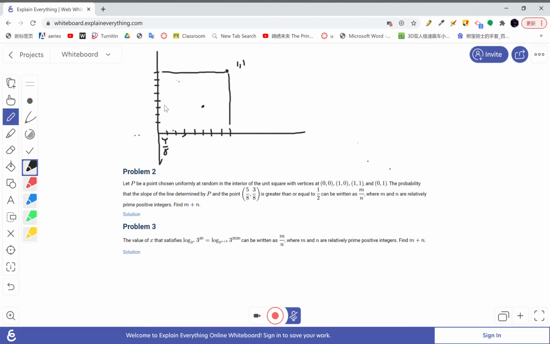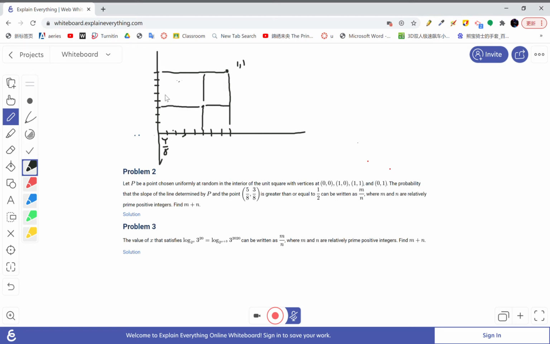So we want to find the region that the point can possibly lie in, such that the point and this point will have a slope of greater than 1/2. First we want to eliminate all regions that will cause negative slopes, which is this whole region.